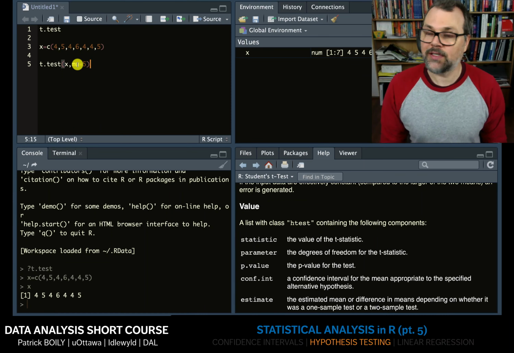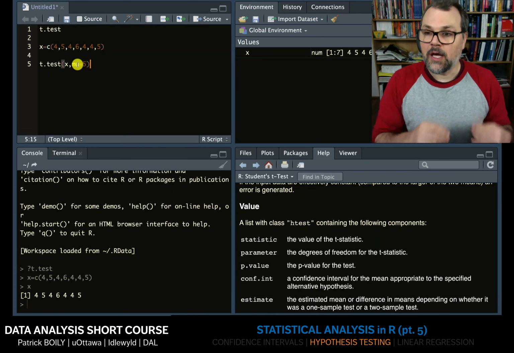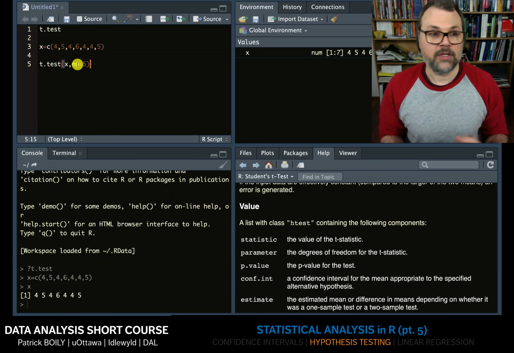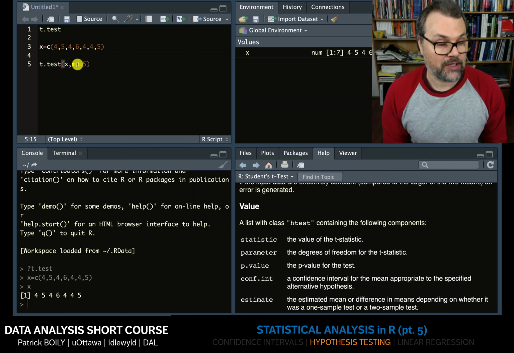So this is going to test for the null hypothesis that mu is equal to 5 against the alternative that mu is not equal to 5. That's a two-sided test where the underlying distribution in the population is unknown. So sigma is not known.